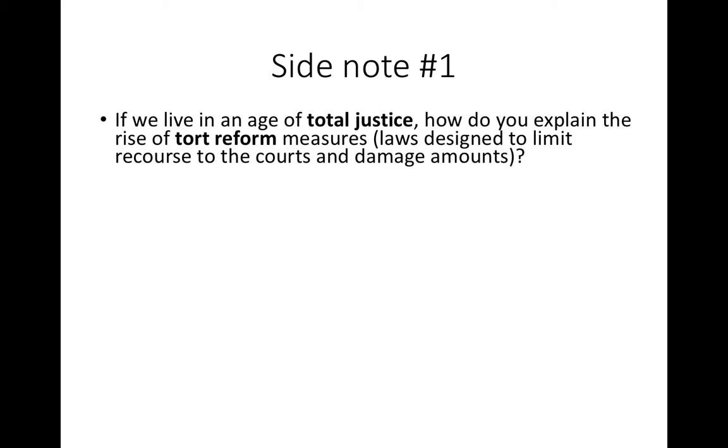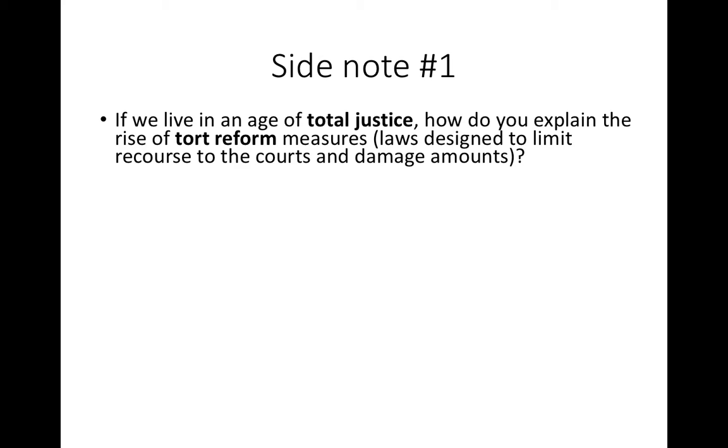So a few quick side notes. One, if we live in an age of total justice, which Friedman and Kagan argue, then how does one explain the rise of tort reform measures in the 20th century? And tort reform, if you're unfamiliar with it, Texas is actually sort of ground zero for tort reform legislation in the United States.